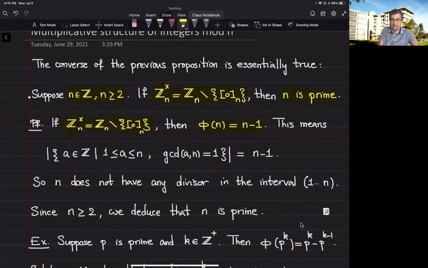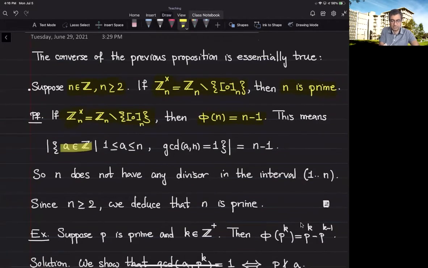Z_n cross has n minus 1 elements, therefore phi of n is n minus 1, and that means the set of integers in the range from 1 to n that are co-prime with n should have n minus 1 elements. Of course, n is not here because n is at least 2. n cannot be co-prime with itself because the GCD of n and n is n, and that's not 1.